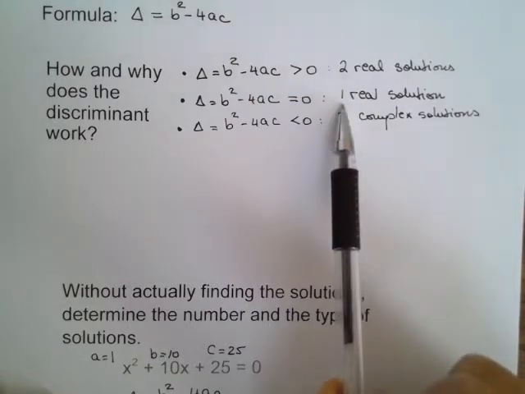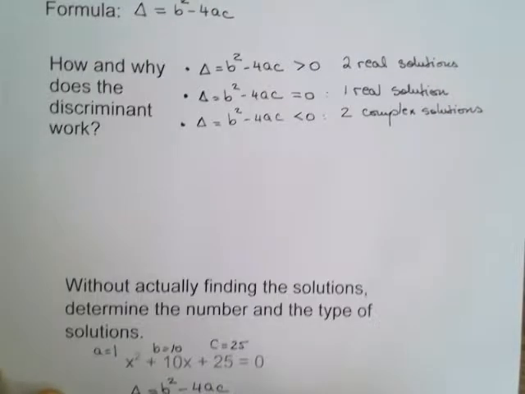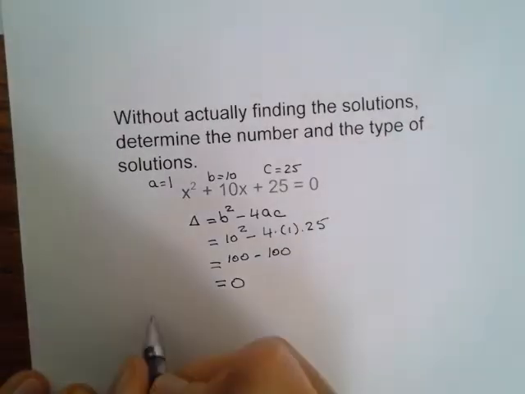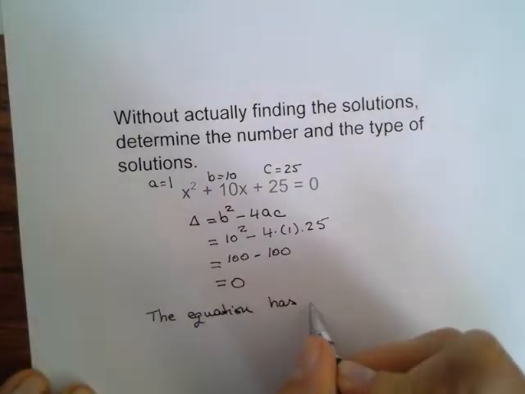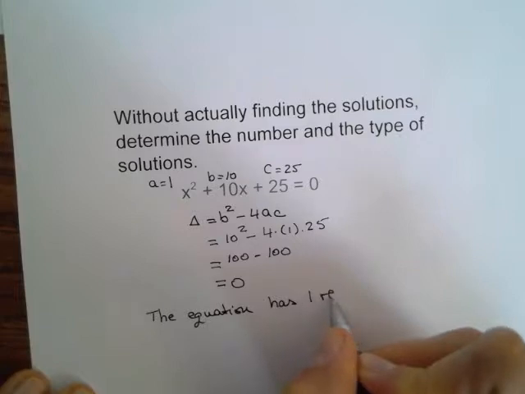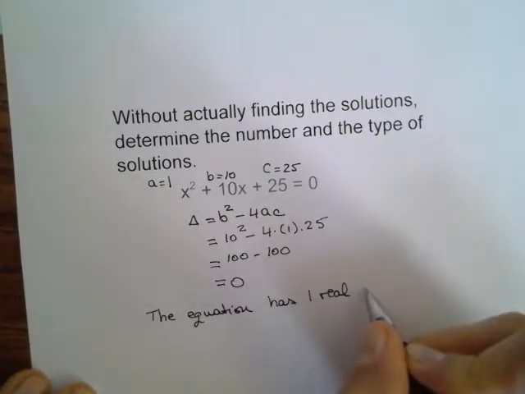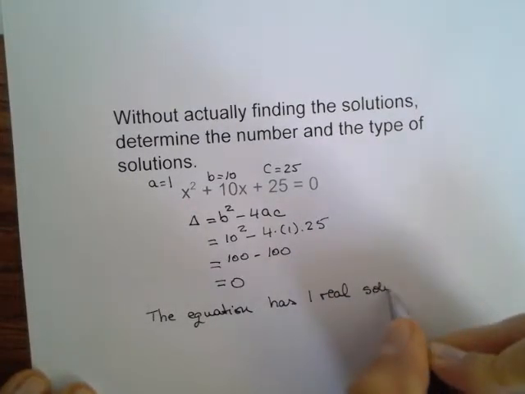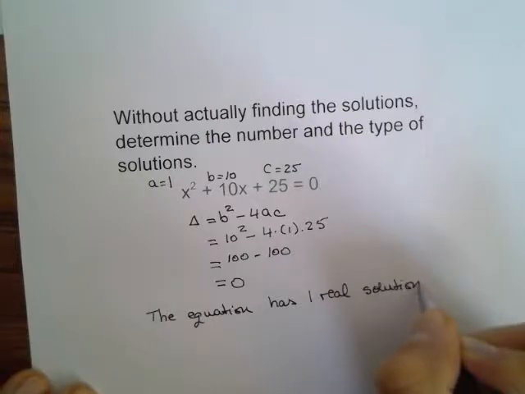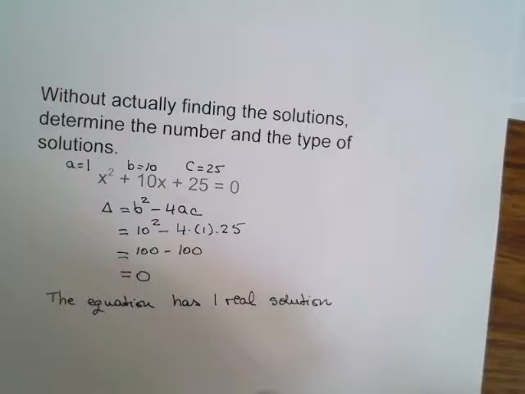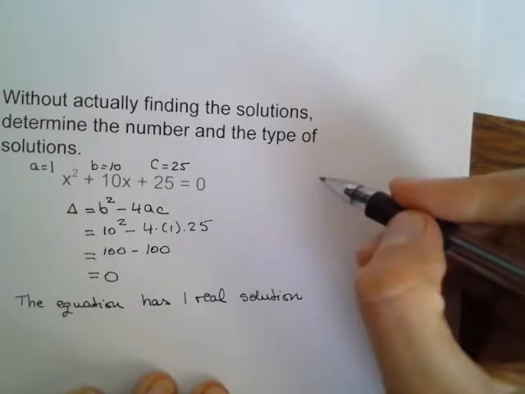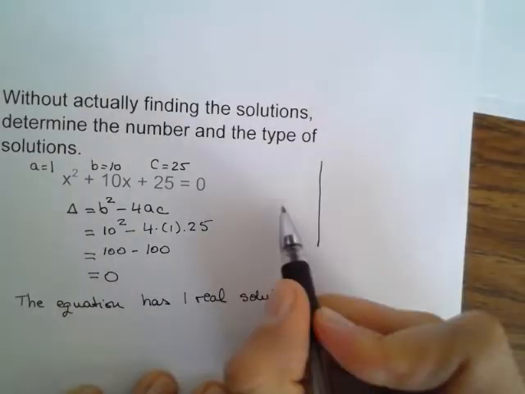So I say that the equation has one real solution. Now graphically, what does this mean? Graphically, it means that our parabola is going to touch the x-axis only once.